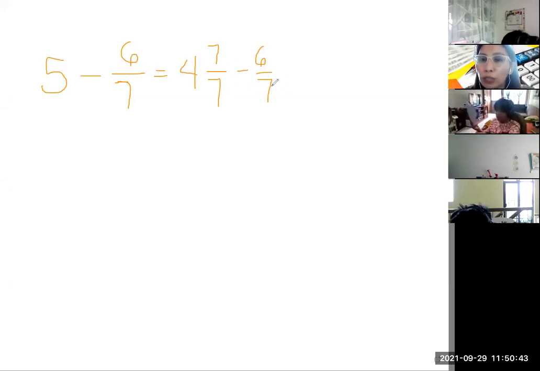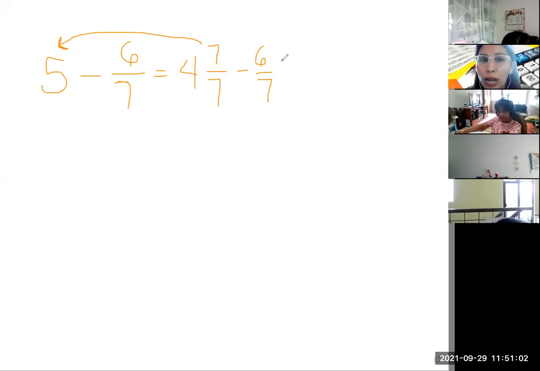Kinopya lang po natin yung denominator sa kabila. Okay? So, pag pinagsama natin yung 4 and 7 over 7, it becomes 5. Ganun din po yun. 5 din yan. So, 5 and 4 and 7 over 7 are equal.